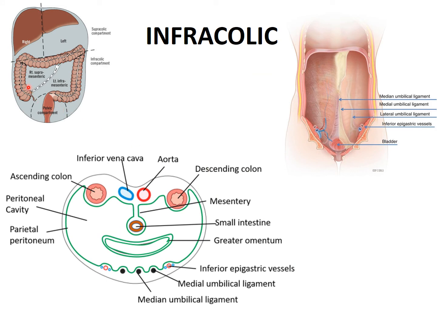Before we start with the tracings of the infracolic region, we should discuss certain structures which are seen on the peritoneum immediately after removal of the anterior abdominal wall. These structures are seen as the median umbilical ligament, then a pair of medial umbilical ligaments, and a pair of lateral umbilical ligaments.